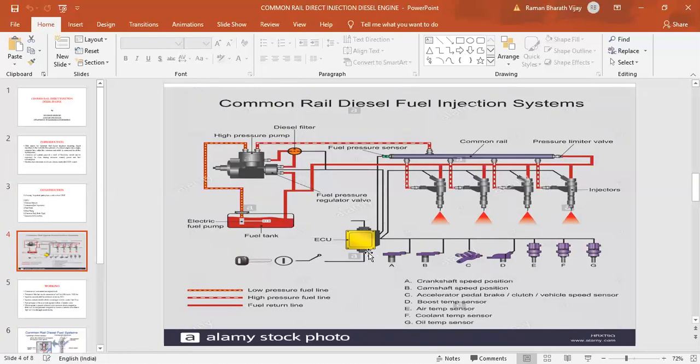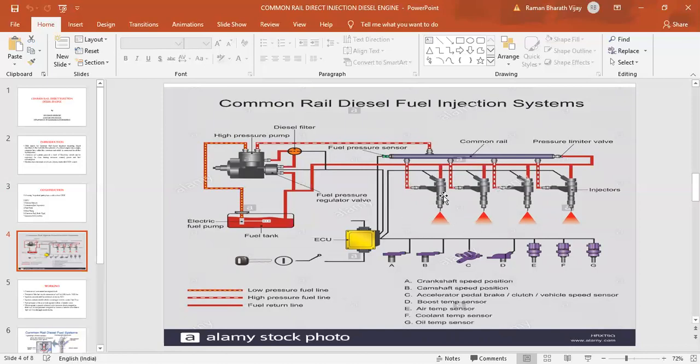So what is ECU? Engine control unit. This ECU has an inbuilt software. It receives signals from the sensors A to G, and these signals are transmitted to the actuators. Here the actuators mean the injectors.